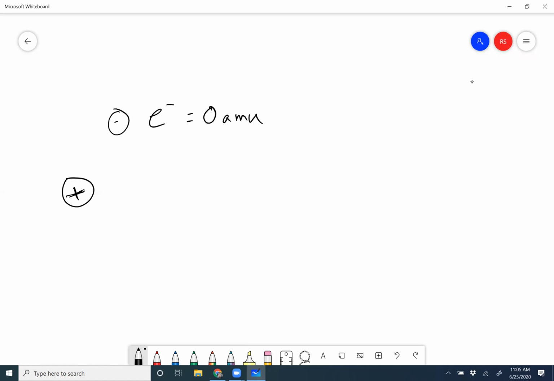But rather than write that really, really small number, we just give it the name AMU. So what is an AMU? An AMU is the mass of a proton, an atomic mass unit. Protons weigh 1 AMU, and inside the nucleus we also have the neutrons, and they also weigh 1 AMU.